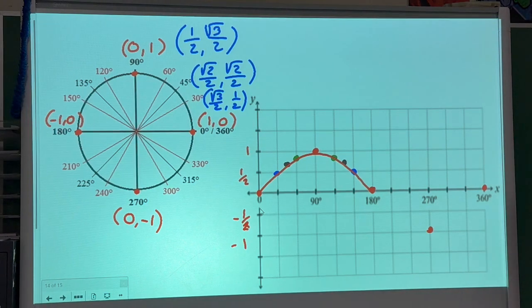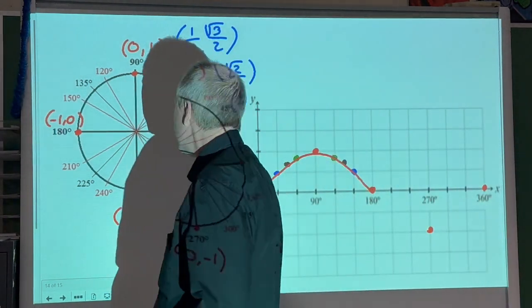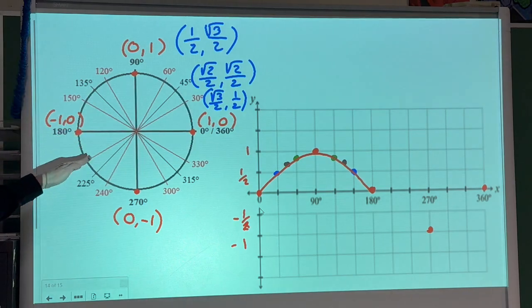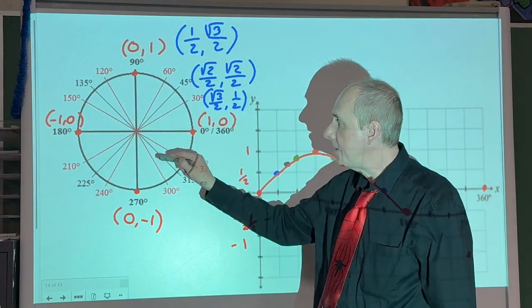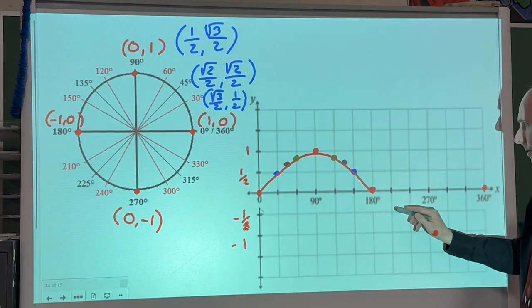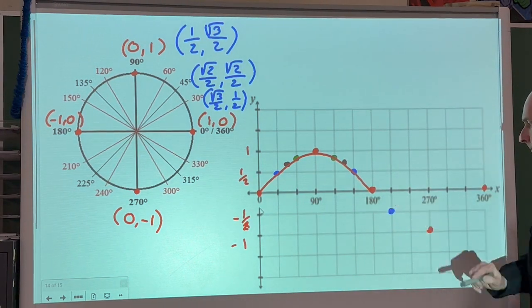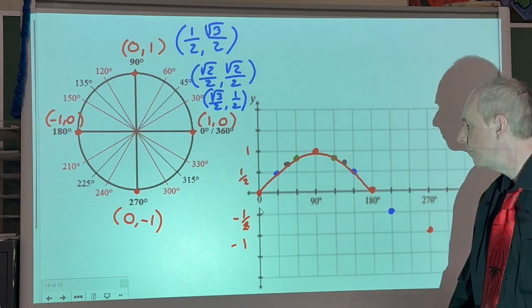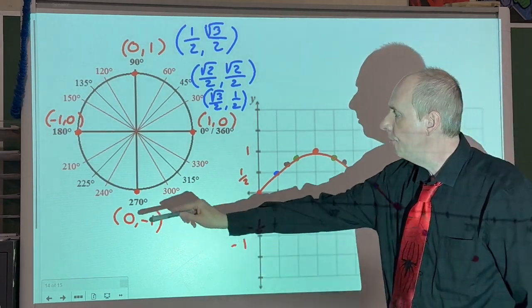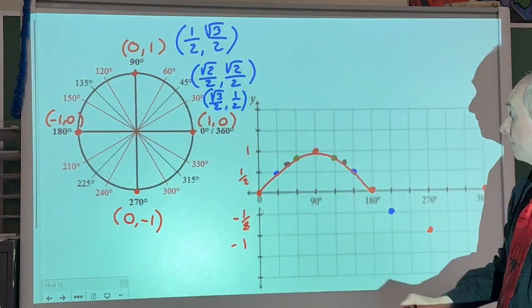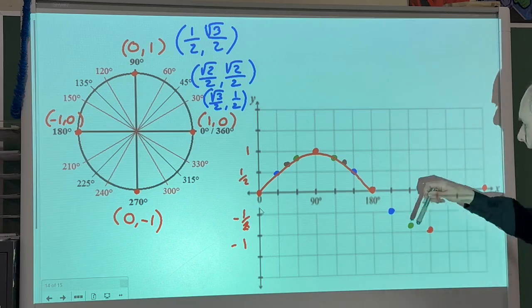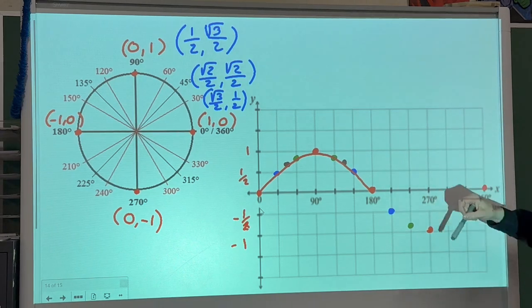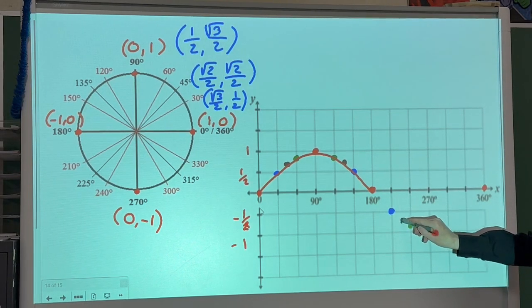Now let's do the same thing for the other part. 210, it's a 30-degree reference angle, so it should match a half. But keep in mind, ACT, it's now negative 1/2. 240, that's a 60-degree reference angle. That would be negative 0.866. And halfway between 210 and 240 would be your 225 at negative 0.707.